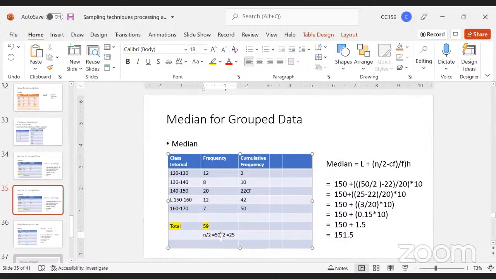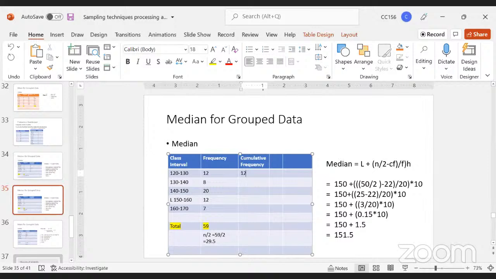Now, we need to find n by 2. Yes, 59 by 2 is 29.5. Excellent. Now, let's come back to the cumulative frequency.